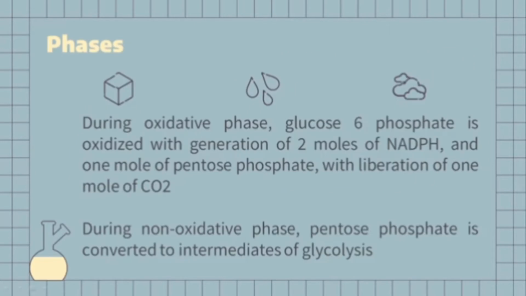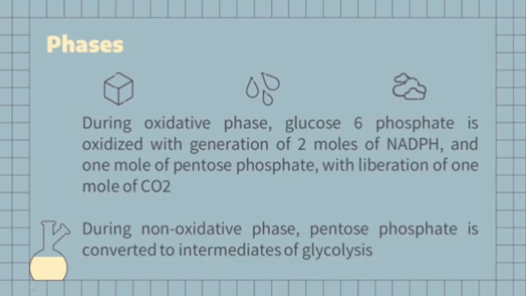During this phase, glucose 6-phosphate is oxidized with generation of 2 moles of NADPH and 1 mole of pentose phosphate with liberation of 1 mole of carbon dioxide. In this phase, 2 molecules of NADP+ are reduced to NADPH, utilizing the energy from the conversion of glucose 6-phosphate into ribulose 5-phosphate. So in short, it generates NADPH.